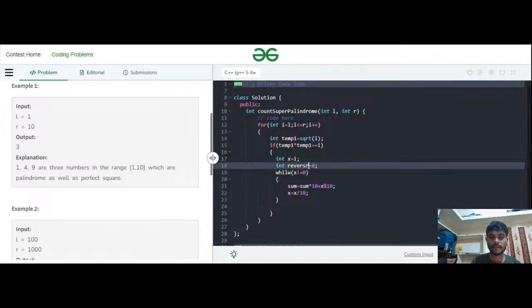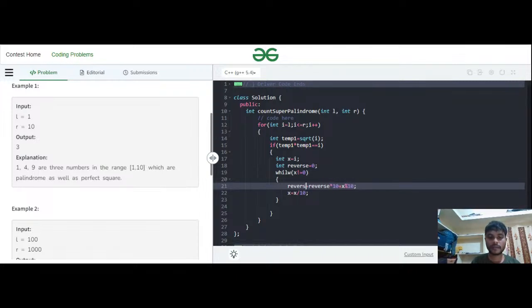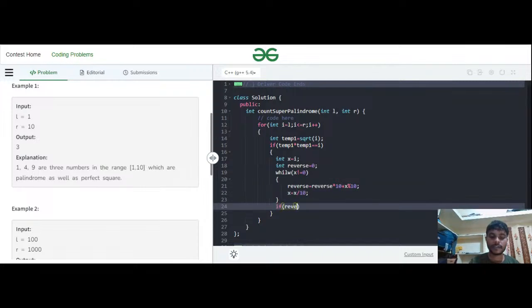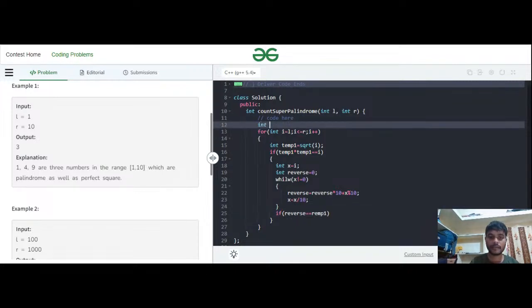So if reverse is equal to temp1, then I am incrementing our answer, and I am returning that.